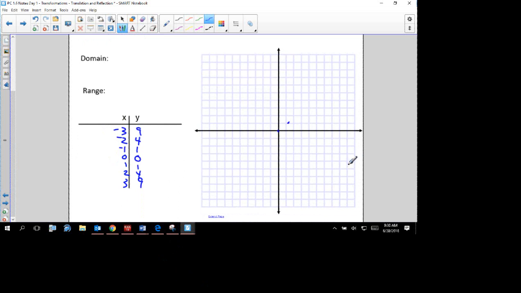So if I needed my table, which again, I don't need my table for this one. I just need to know where the parent function is and move it left 5 units. But if I needed my table, then since it's horizontal, we do it to the left side, to the x side, and we subtract 5.